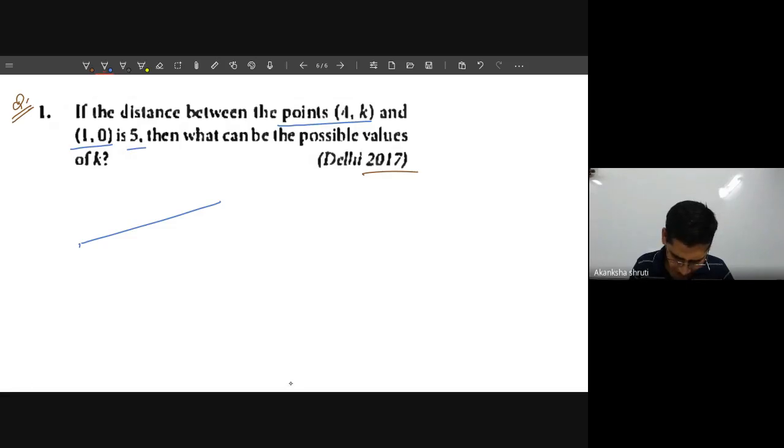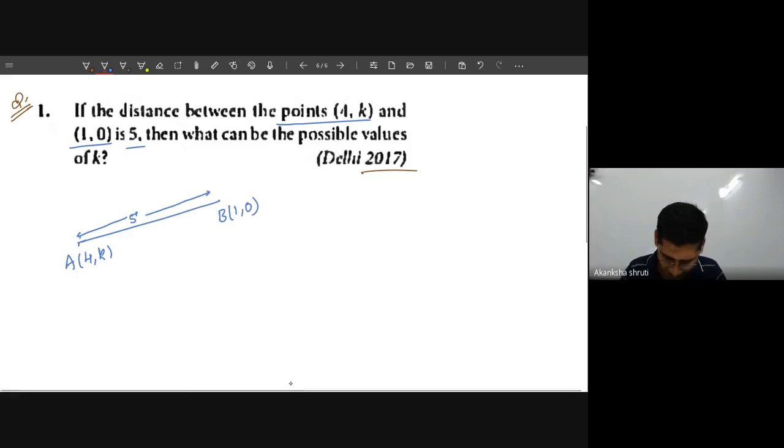So let this point be A, put this 4K, and this point as B 1 0. Forget the exact coordinate system. So roughly you have to just put. While putting this, it becomes convenient to just take the difference and put in the formula. For that we are drawing this. And it is given that this length is our 5. It is already given.